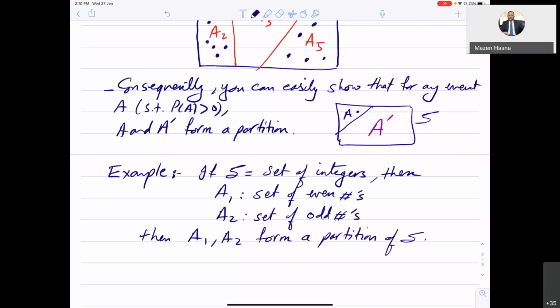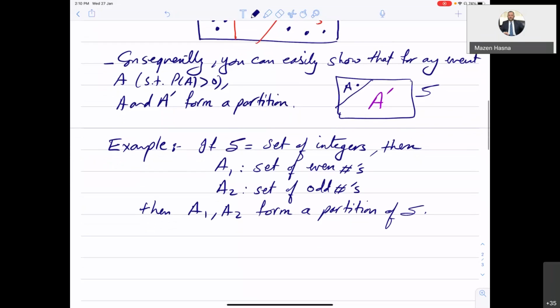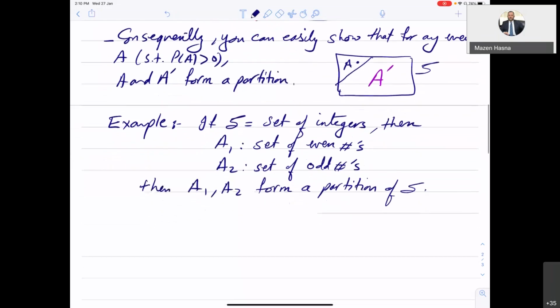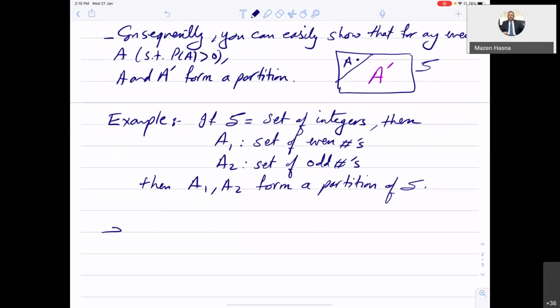Because when you take the union of the even numbers and odd numbers, you will get all integers. And then A1 and A2 do not have any overlap. They add to the sample space and they have elements inside them. Okay, fine.